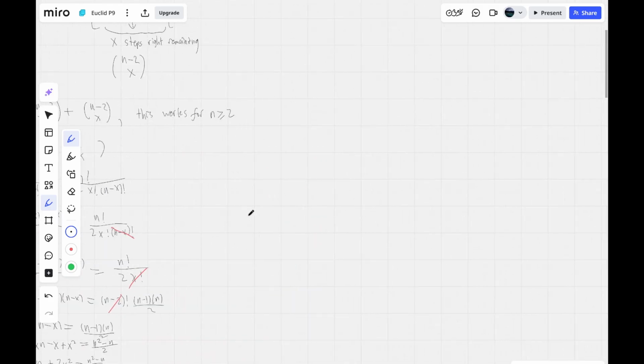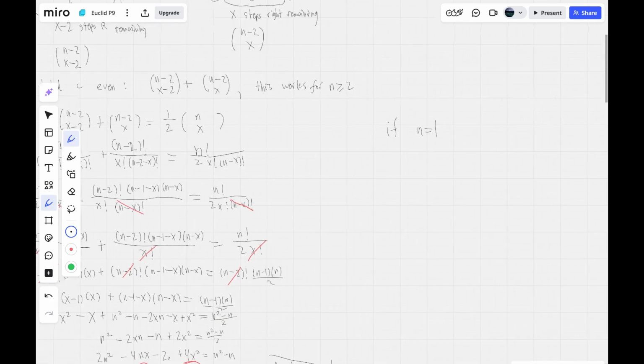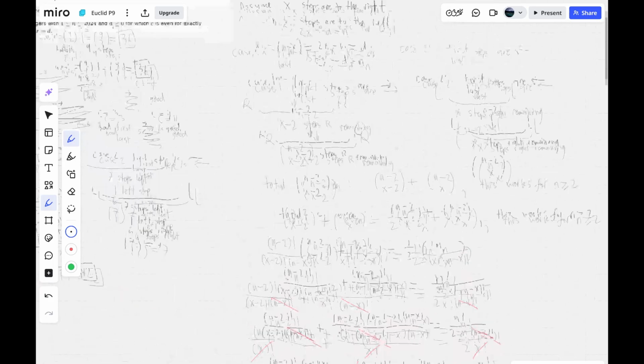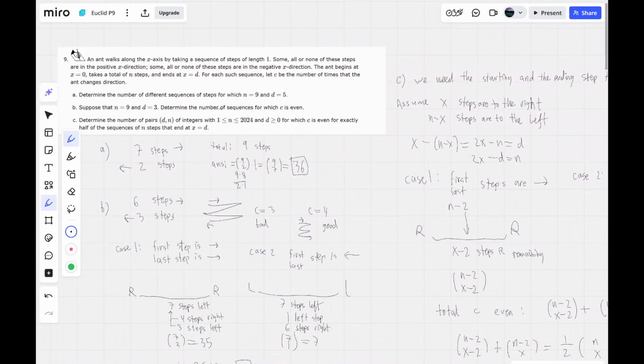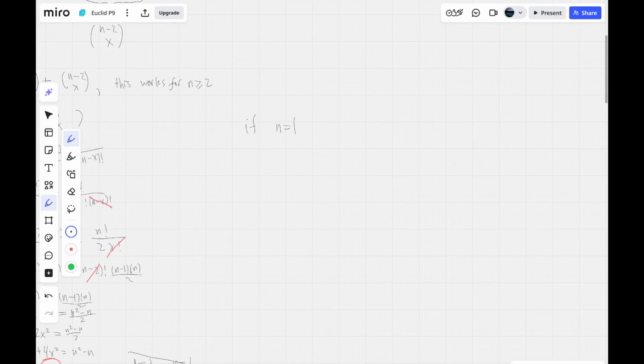Now we will address the case where n equals 1. If n equals 1, then you need to take exactly one step. That means d is either 1 or negative 1.